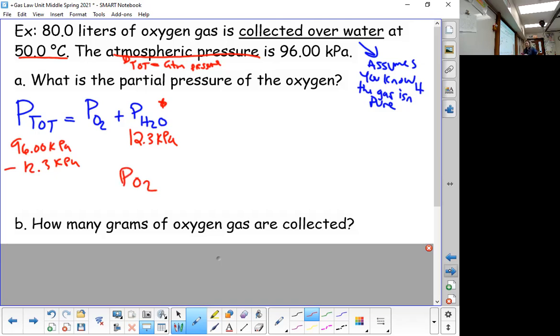Now with sig figs there, your calculator will display 83.7 kilopascals, which is also right with significant figures, because this is a measured value. That chart is telling you it's 12.3, and so it's limiting our amount. If we had a water vapor chart that gave us more precise values, then we could use it. But this goes to the 2 place, that goes to the 1 place, so 83.7.